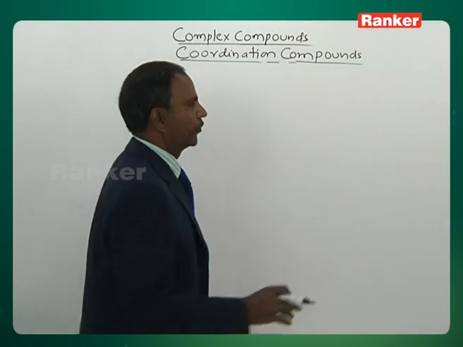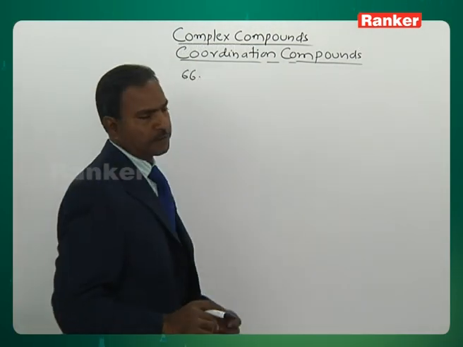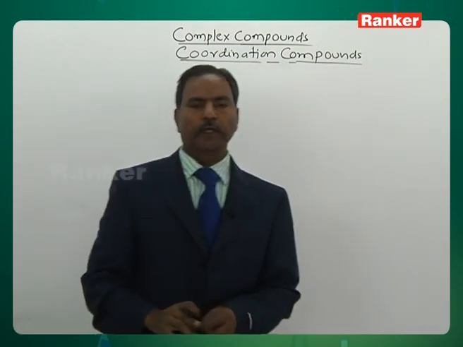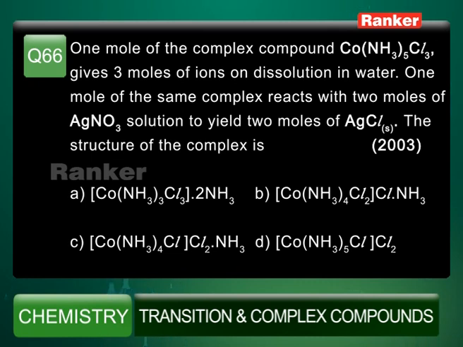Coming to question number 66. The question is very big. Read it. 1 mole of complex compound CoCl3·5NH3 gives 3 moles of ions on dissolution in water. First statement: 1 mole of the same complex reacts with 2 moles of AgNO3 solution to yield 2 moles of AgCl.